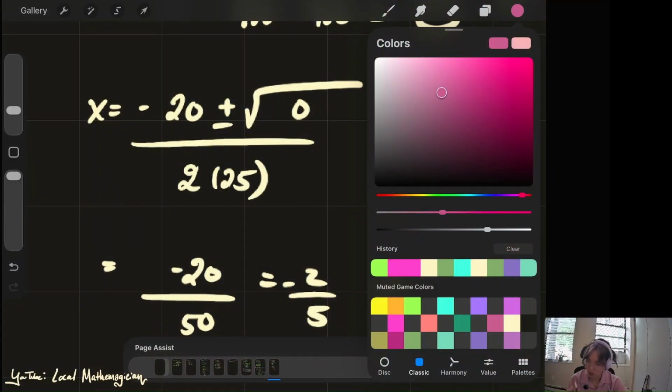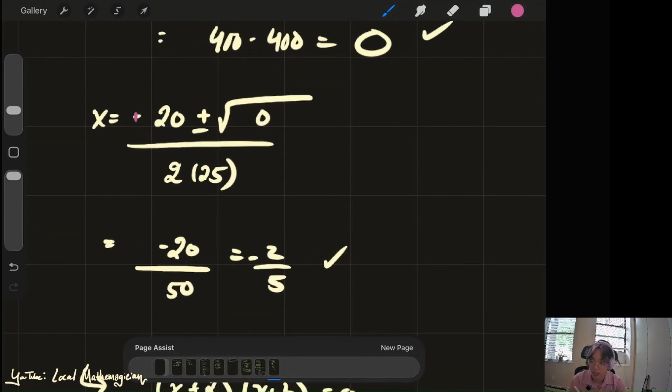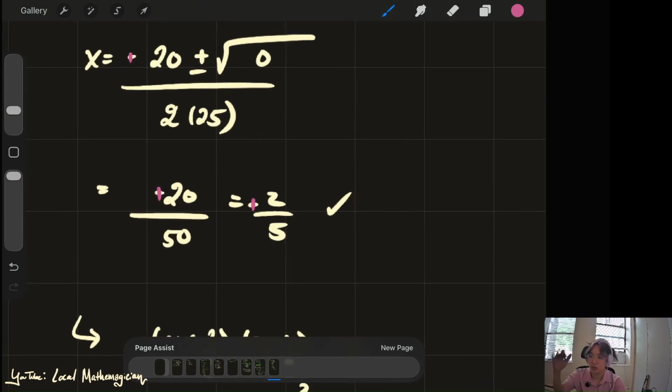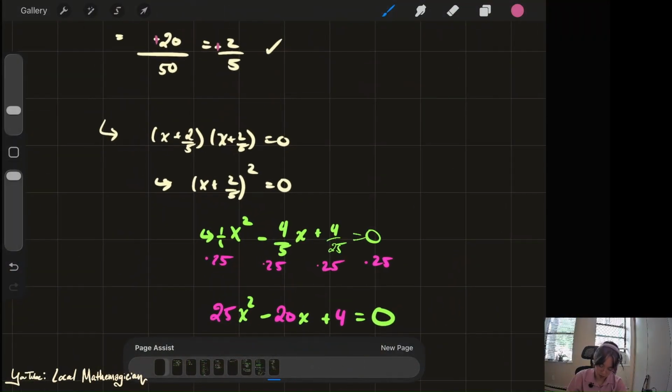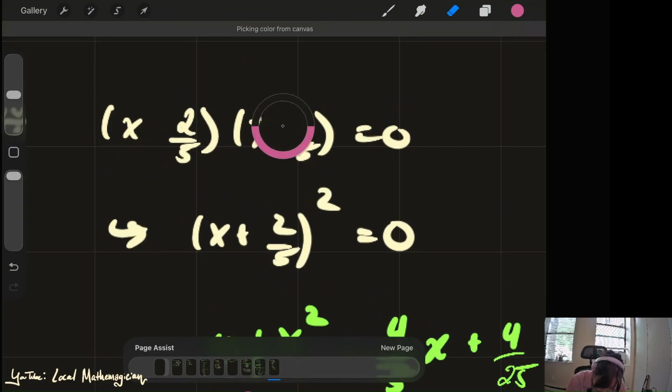Sorry, forgot, there's a little error here. This should be plus because it's negative b, and b is negative 20, so negative b is positive 20. Back in factored form, this should be a minus.